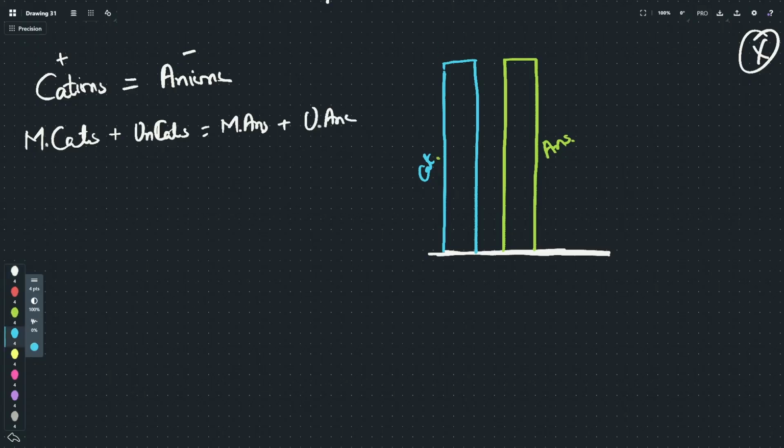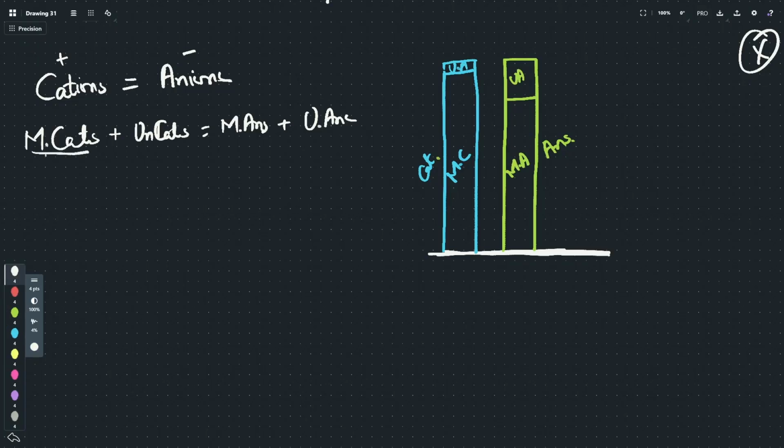Okay, so here are the measured cations, and this is unmeasured cations, which are, by the way, relatively very small in normal circumstances. Then we have measured anions, and then we have unmeasured anions, right?